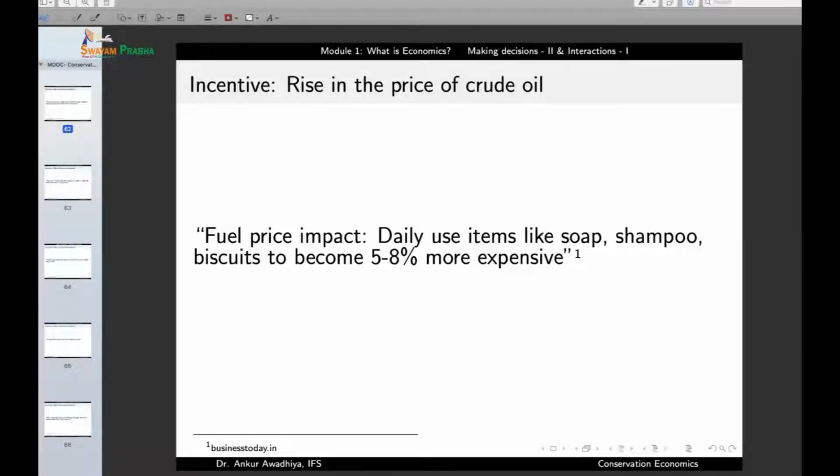So the price of plastics will go up, the price of energy will go up, the price of transporting things will go up. And when all these prices go up, ultimately the price of the final produce will also go up. So this news article is saying that the fuel price impact is likely to make soap, shampoo, biscuits, and other consumer goods more expensive.